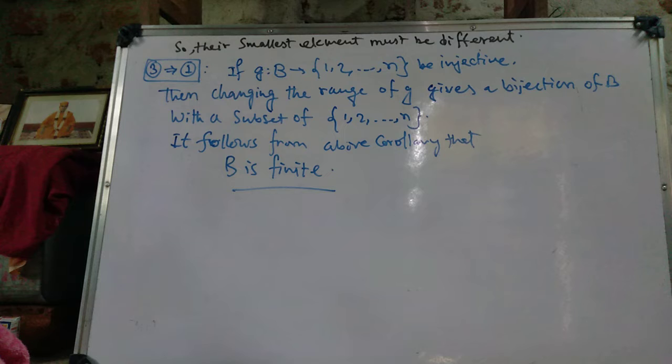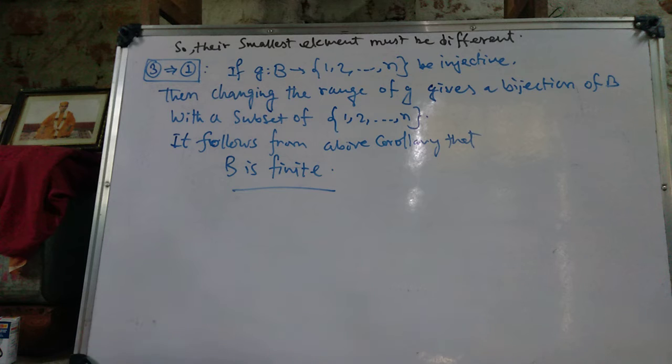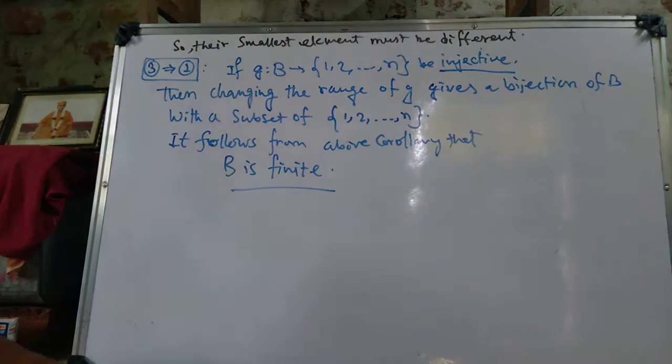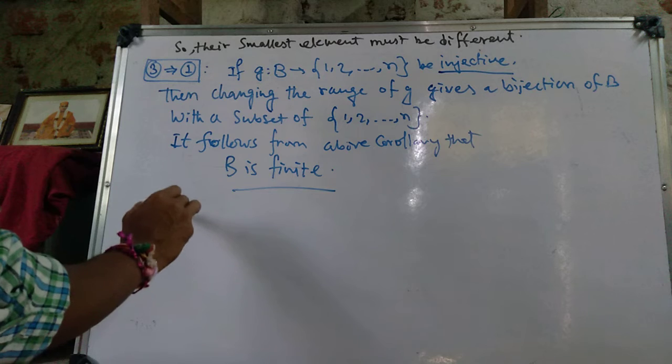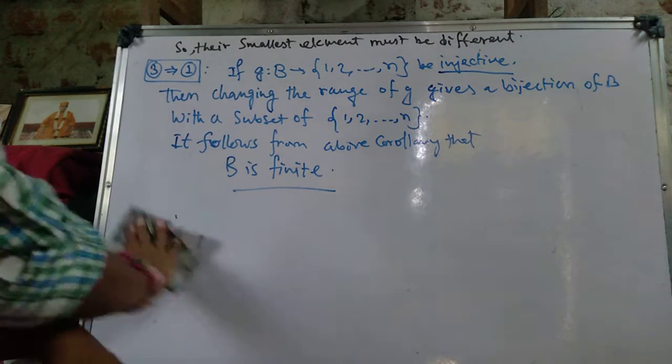Changing the range of g gives a bijection of B onto a subset, because g is an injective function. Injective means the cardinality of B is at most n. Then we construct a subset of {1, ..., n}, find a bijection, and it follows from the above corollary that B is finite.